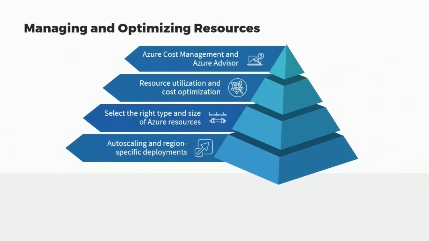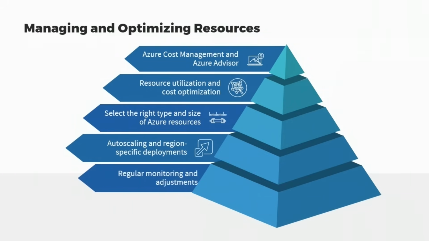Implementing auto-scaling and choosing region-specific deployments can help in this effort to be efficient and reduce costs. And regularly monitoring and adjusting resource allocation helps in maintaining an optimal balance between performance and expense, ensuring the most efficient use of Azure's capabilities for generative AI workloads.